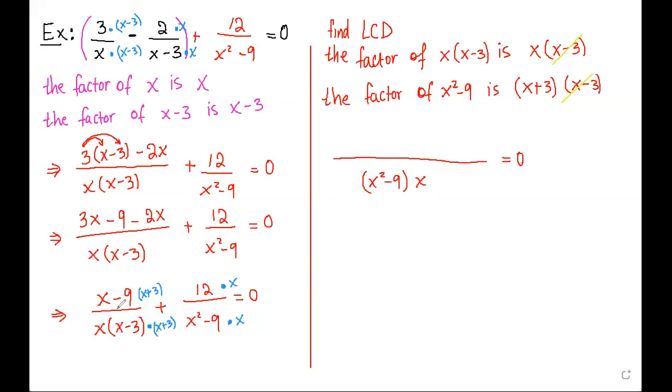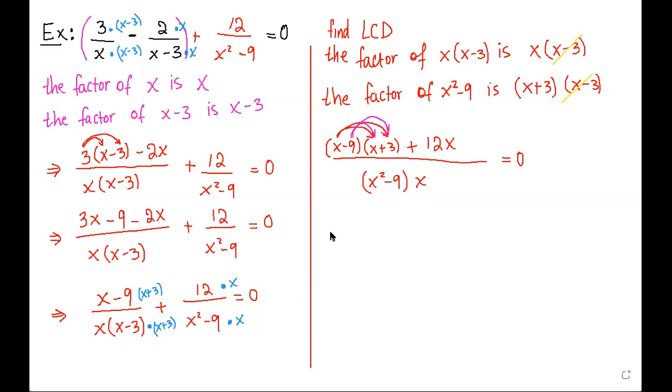Now I have here in the numerator for the first fraction, x minus 9 times x plus 3, and here plus 12x. Now let's simplify the numerator in this fraction by distributing the x to this parentheses, and the same thing for the 9, for this and for the 3.